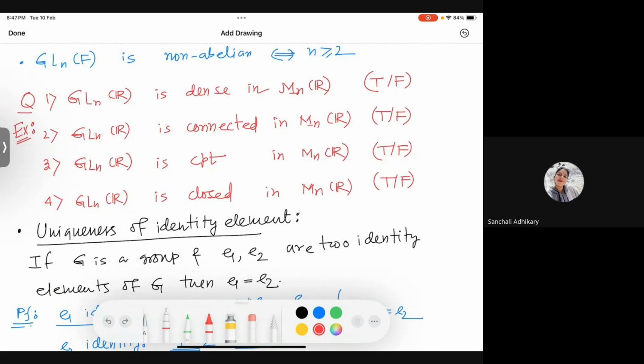So there are some questions. Is GLnF dense or not? Is GLnR connected or not? Is GLnR compact or not? And is GLnR closed or not? I may ask whether GLnR is open or not. So it is a combined question from analysis and linear algebra.